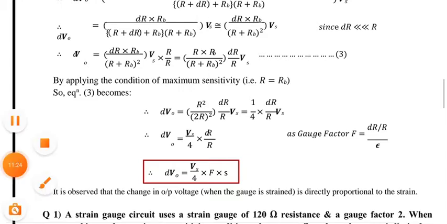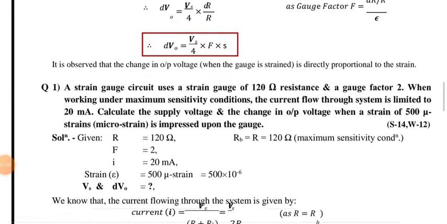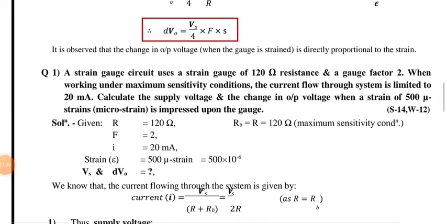Okay, so the first numerical is on the strain gauge circuit. Use a strain gauge of 120 ohm resistance, that is capital R equal to 120 ohm, and gauge factor 2, that is F equal to 2. When working under maximum sensitivity condition, the current flowing through the system is limited to 20 milliampere.